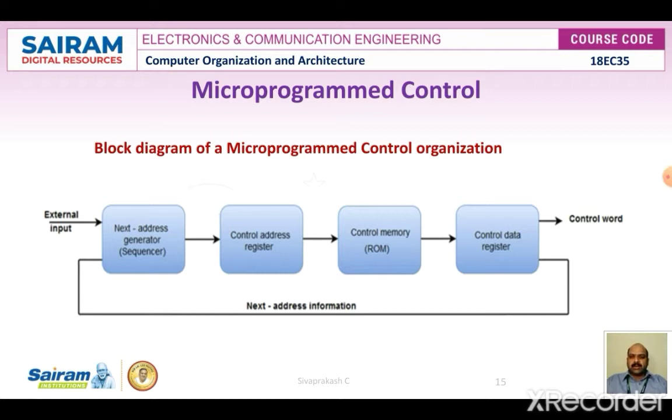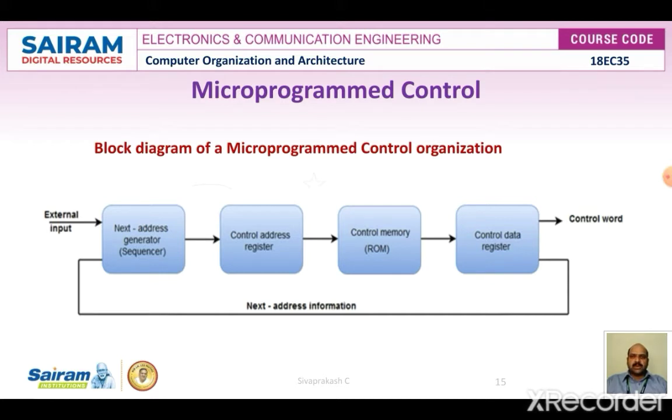The control memory address register specifies the address of the micro instruction. The control memory is assumed to be a read-only memory within which all control information is permanently stored. The control register holds the micro instructions fetched from the memory.